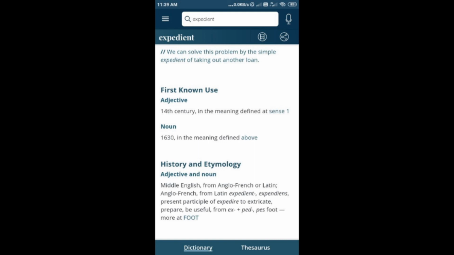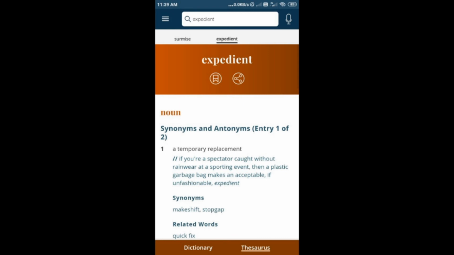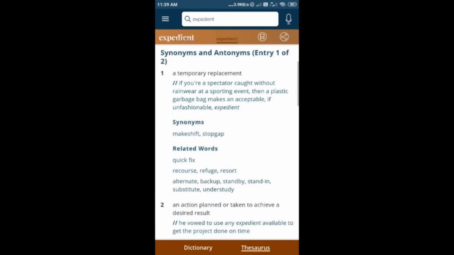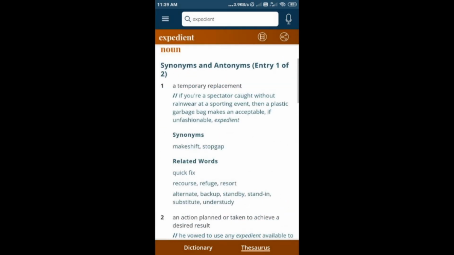The last demonstration I would like to show you is about a thesaurus. Now a thesaurus works in such a manner that when you are looking for a word, a thesaurus will give you similar words, right? So we will go ahead and click on thesaurus. So for the word expedient, what are the related words you could actually look for?